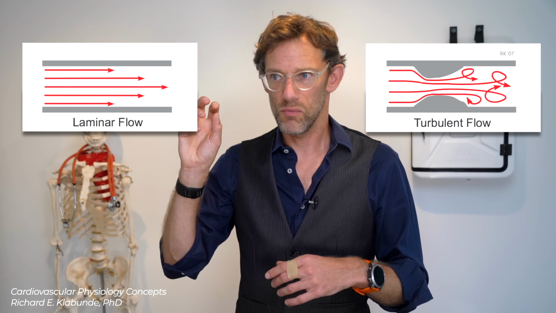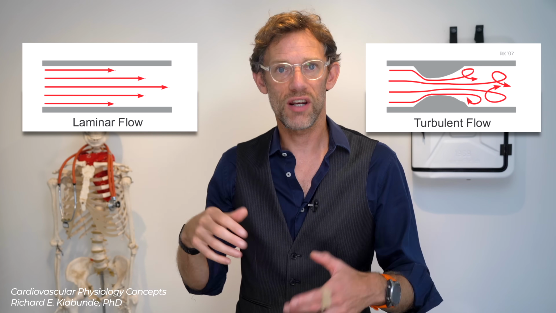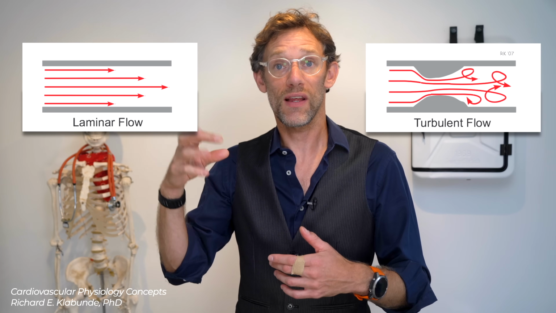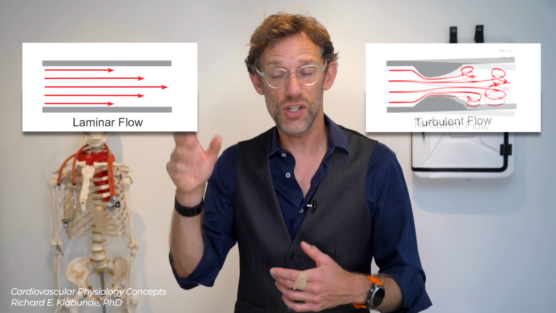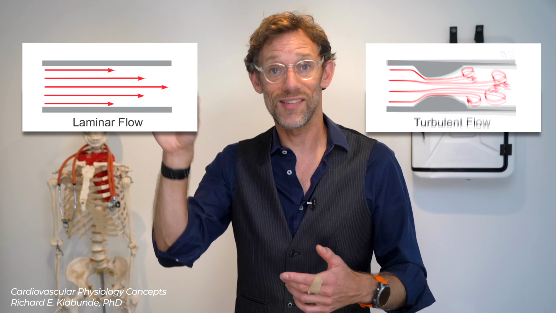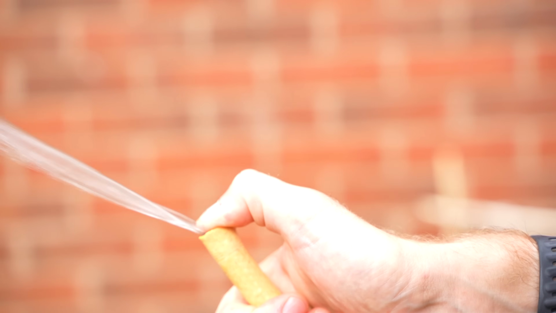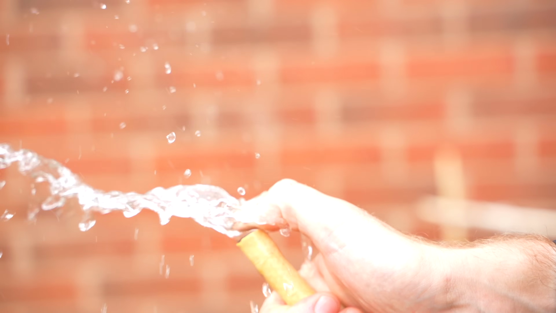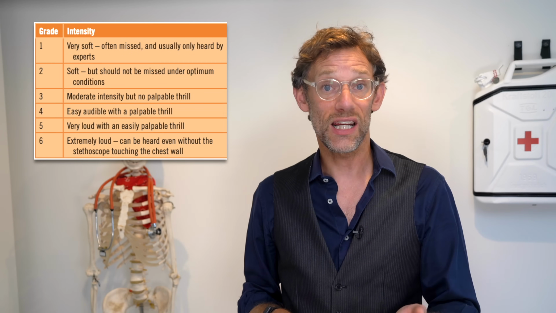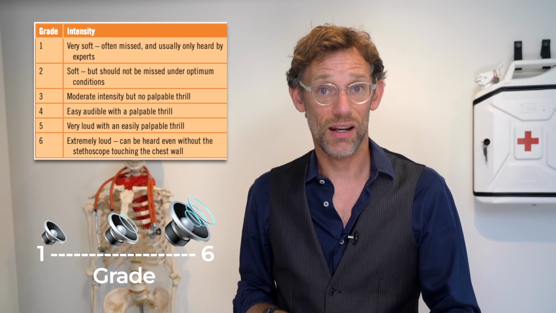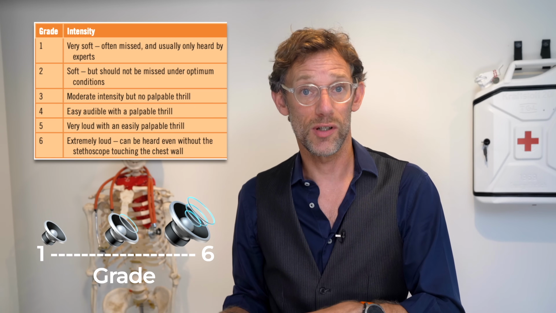Why does a turbulent flow generate sound? Because that turbulent flow causes vibrations as the blood is literally hitting the blood vessel walls, and those vibrations we can hear with the stethoscope as a murmur. So that's what murmurs are all about. Essentially, it's turbulent flow. Hence, when we're grading a murmur, the greater the sound, the greater the strength of the murmur.